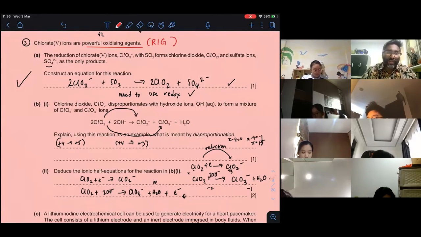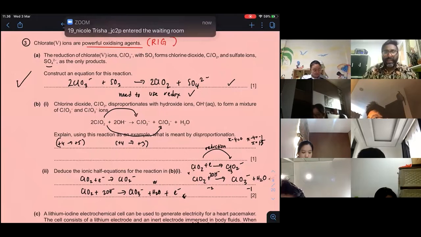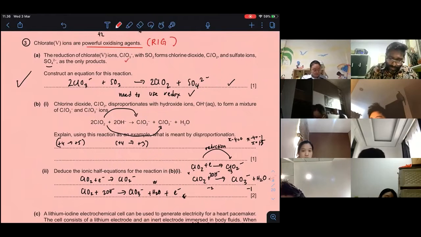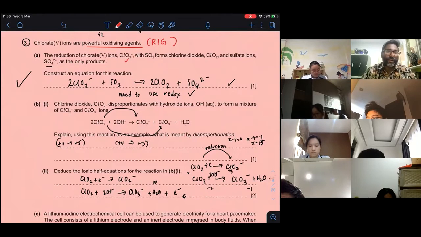This is going to be important later when we try to balance the equations. Now, here they mentioned that if the reduction of this ion, SO2 forms ClO2 and sulfate ions as the only products. So you need to balance the equation.